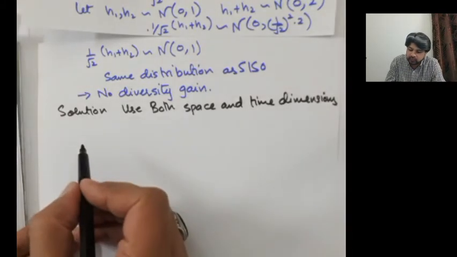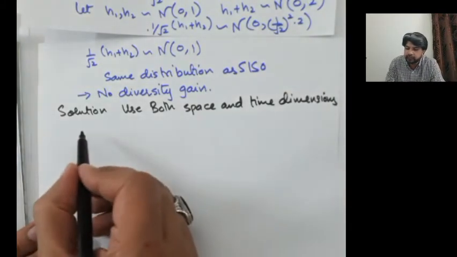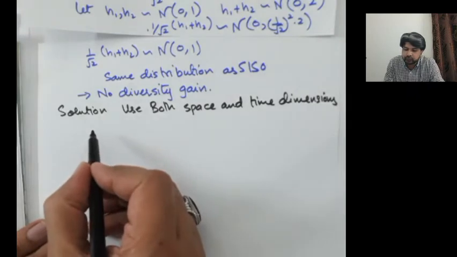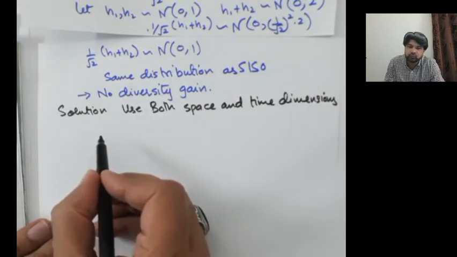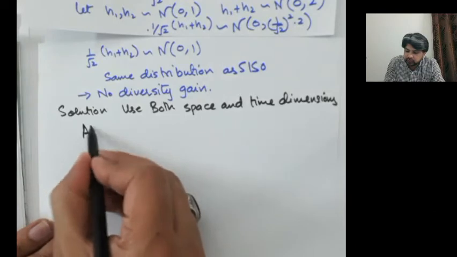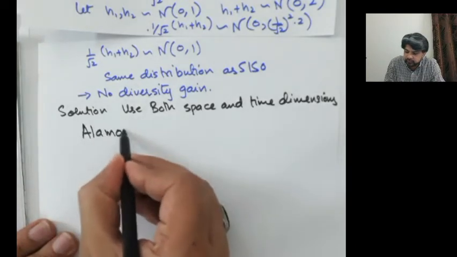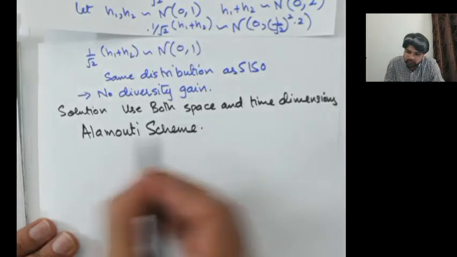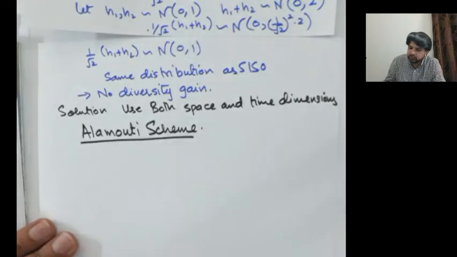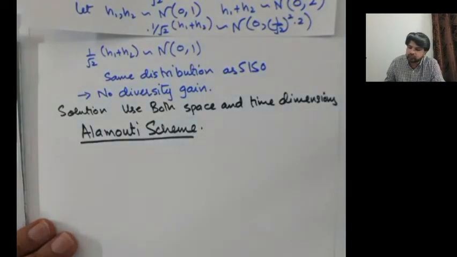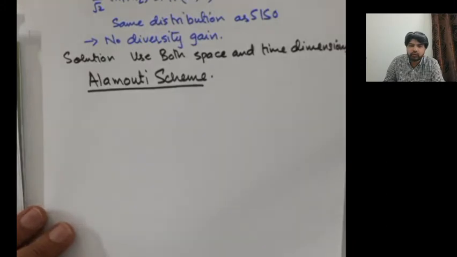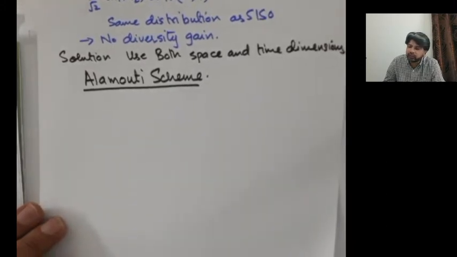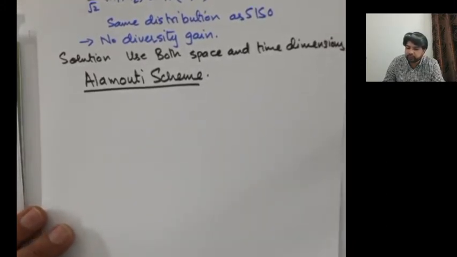And the very basic setup is what is called the Alamouti scheme. Alamouti is of course the name of the inventor of this particular scheme. He used to work at Bell Labs, and the scheme works over both the spatial and the time dimensions.